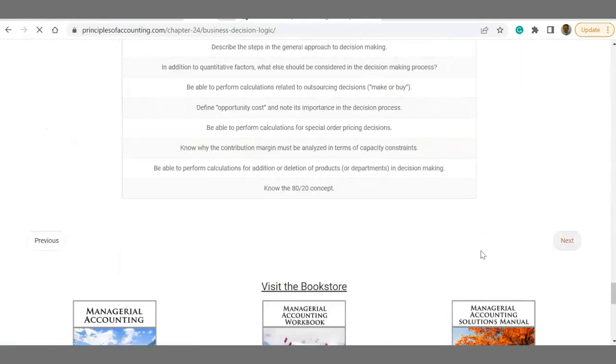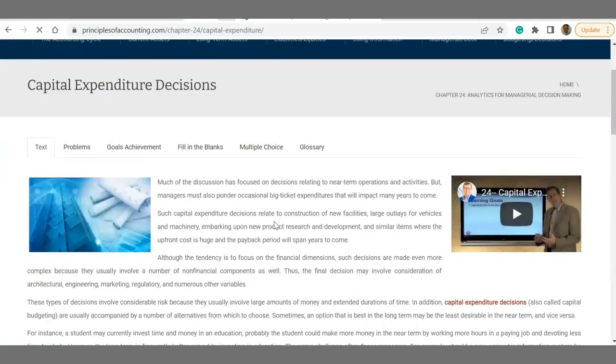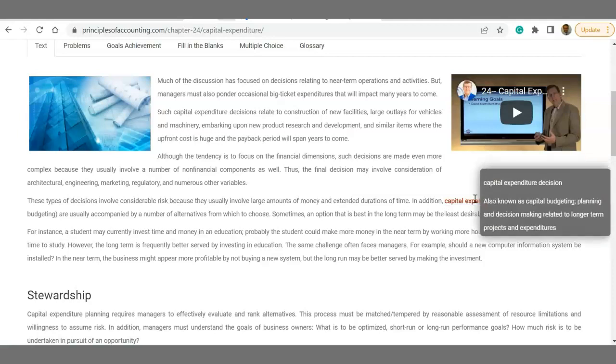Let's move to the next page, see what else is there. Capital expenditure decisions, which is also known as capital budgeting, is planning and decision-making related to longer-term projects and expenditures.